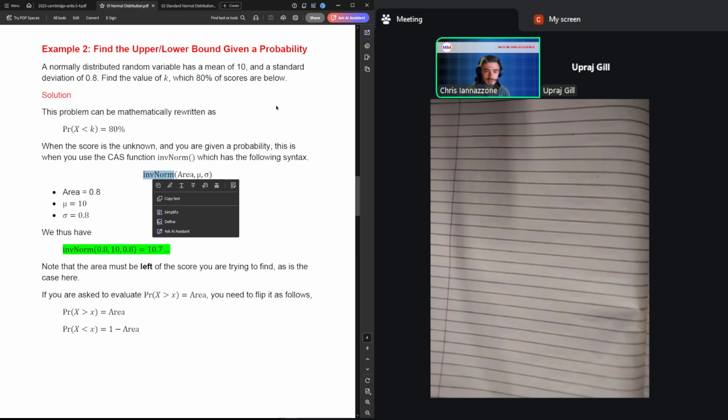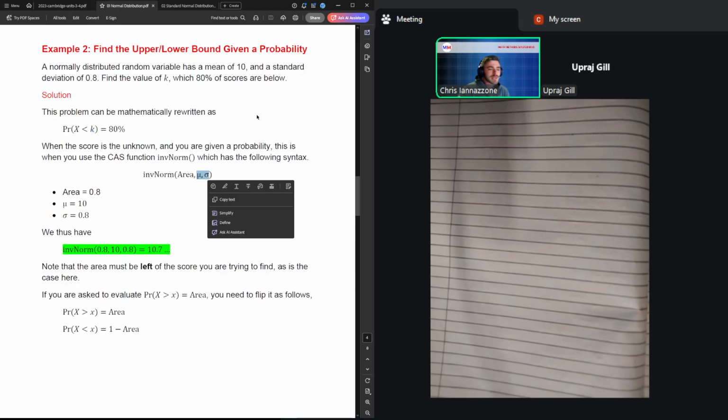If you're trying to find a probability, you're doing just regular normal CDF. If you're doing anything else, pretty much anything else, you're using the inverse normal, because that gives you an x coordinate. The syntax is you need the probability, specifically the probability to the left of the value you're looking for, and you need the mean and standard deviation, which is common to all normal distribution type questions.